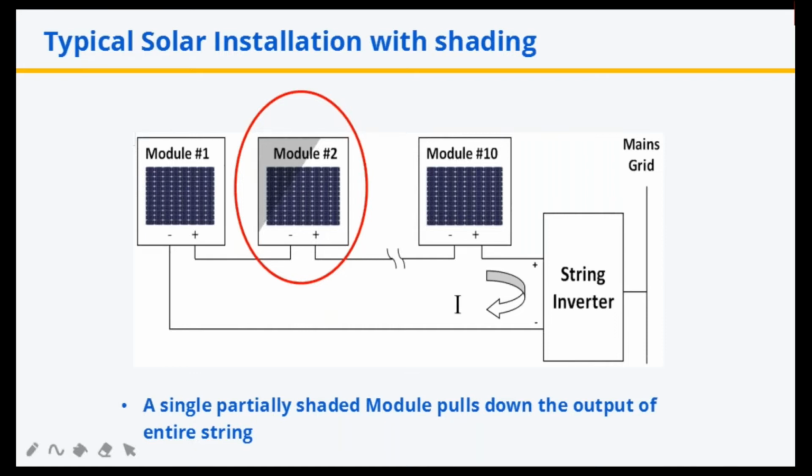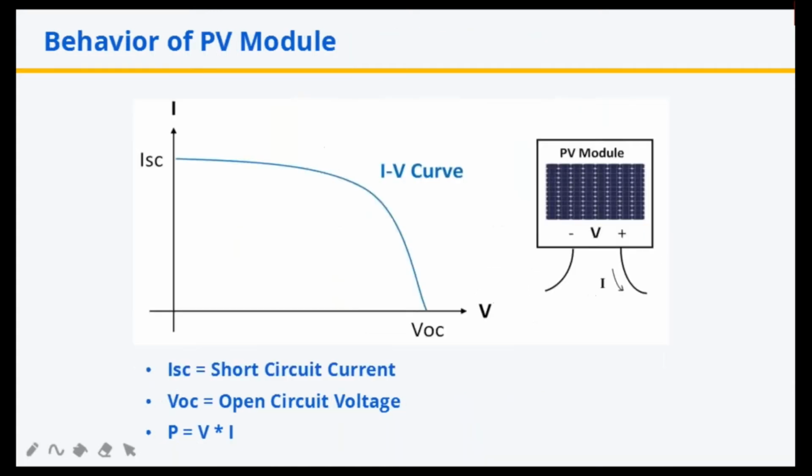In order to understand this more clearly, we should first understand how PV modules behave. Usually, the behavior of PV modules is described using an IV characteristic or IV curve.